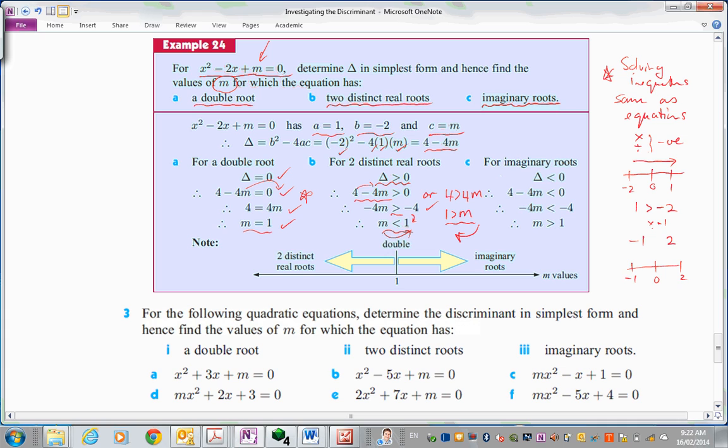Can you see that multiplying or dividing by a negative is going to change their relative positions on the number line? So now -1 is less than 2 because it's further this way. Greater than means further to the right algebraically in maths land, and further to the left is less than.